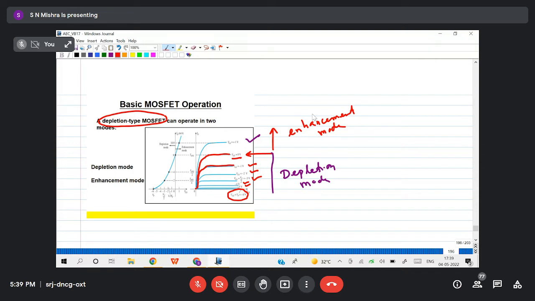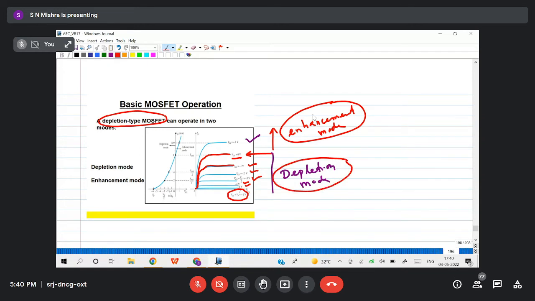So depletion means decreasing or void of carriers. Though the name is depletion type MOSFET, we can increase the drain current as well as decrease it. For increasing current we say enhancement mode operation, and for decreasing we say depletion mode operation.